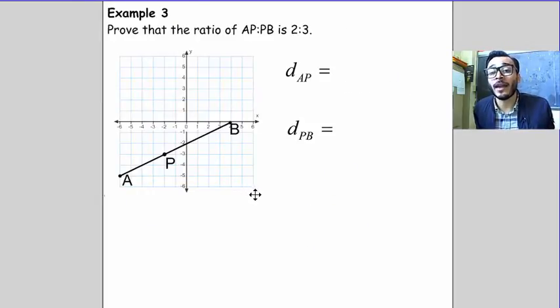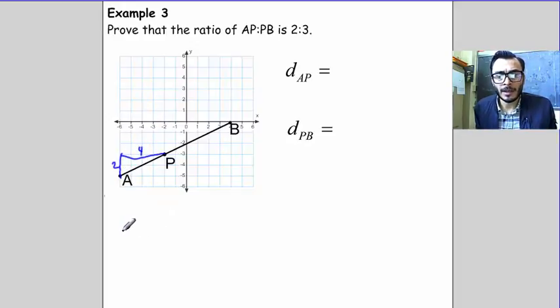Example 3, prove that the ratio of AP to PB is 2 to 3. Well, in order for us to do that, we have to find these distances. So let's go ahead and find the distance of AP. You can go ahead and use the distance formula, but I'm actually just going to go ahead and form a right triangle here. That's not the best right triangle, but it'll do. So this leg is 2, and then this is 4.